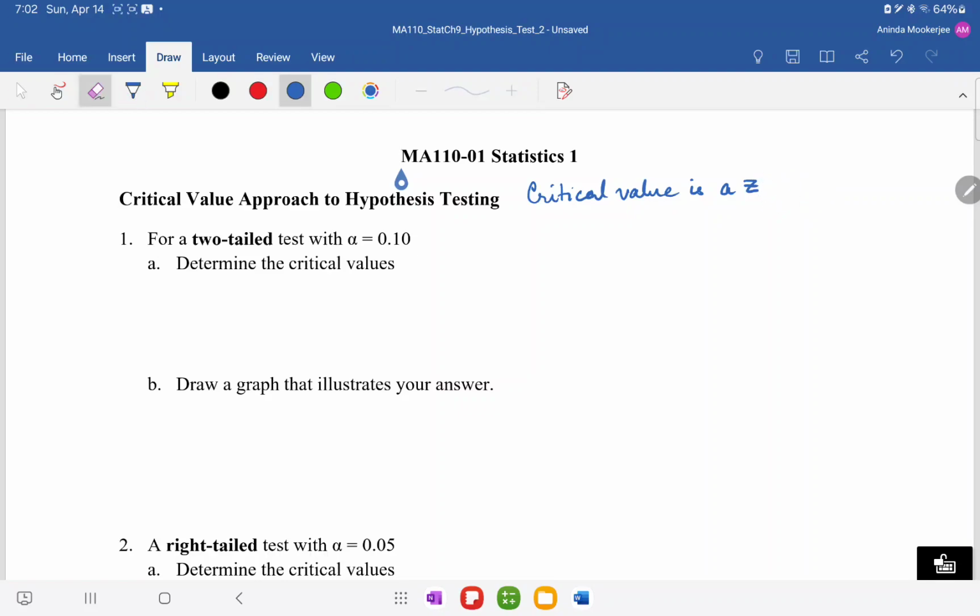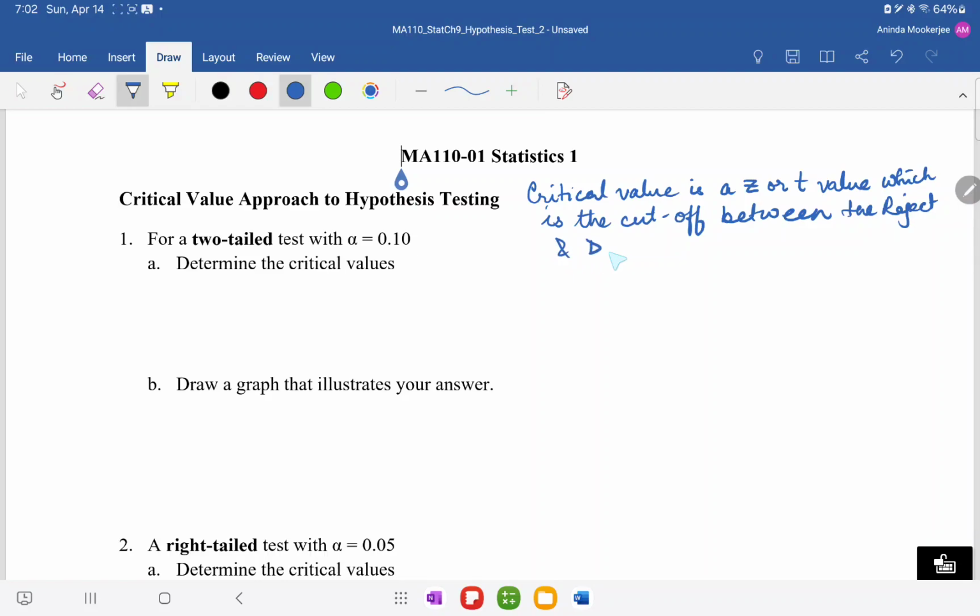It's a z or a t value, which is the cutoff between the reject and the do not reject regions. So it's a cutoff point between the reject and do not reject regions.